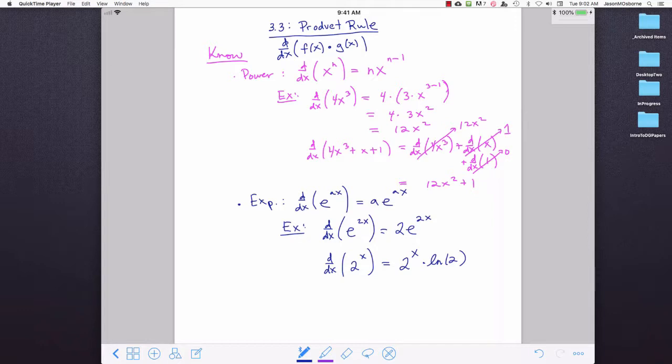In a previous video we showed the product rule formula: the derivative of two functions multiplied by each other is the first function multiplied by the derivative of the second plus the second function multiplied by the derivative of the first. Or you could have written g f prime plus f g prime.